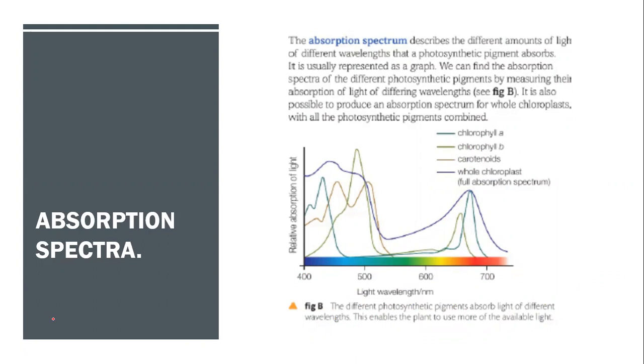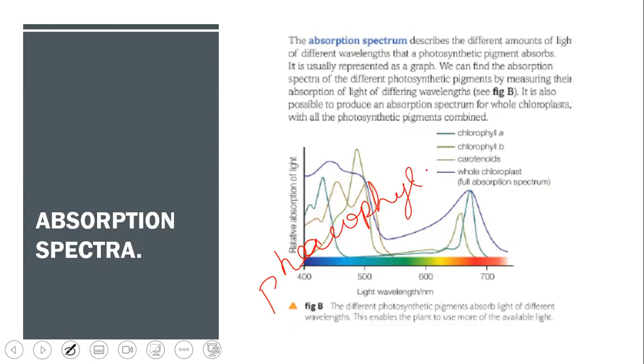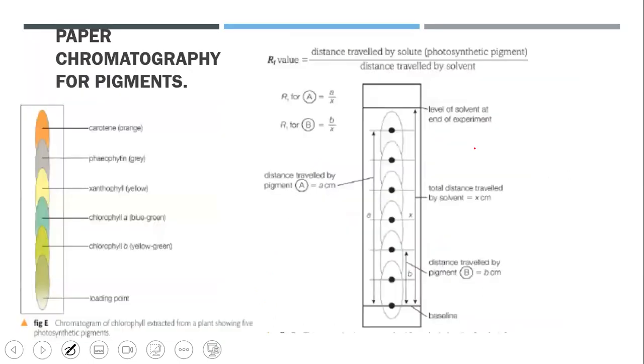Then along with that, we have chlorophyll B, carotenoids, and phaeophytin. Phaeophytin is a gray pigment. So these are the different pigments that you need to know about.